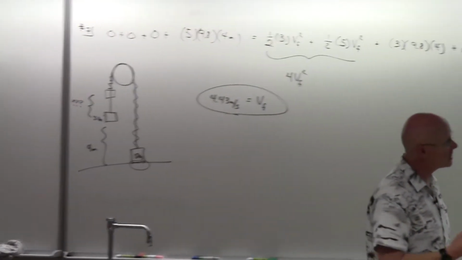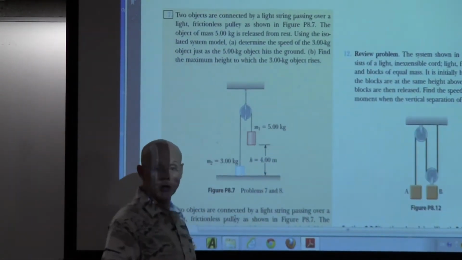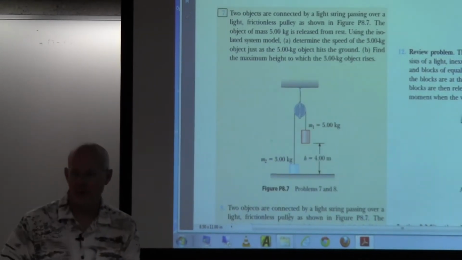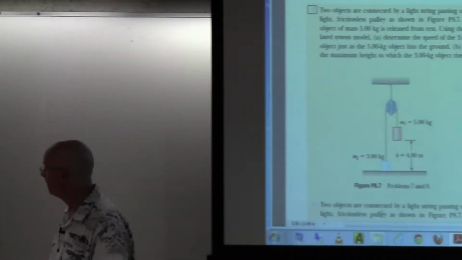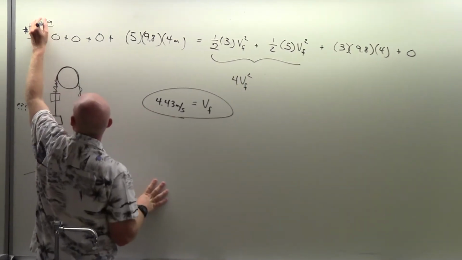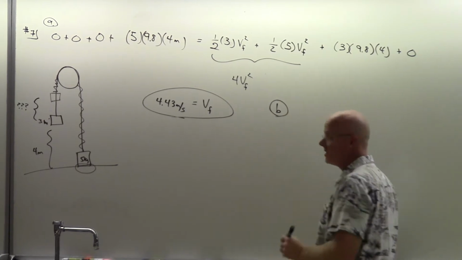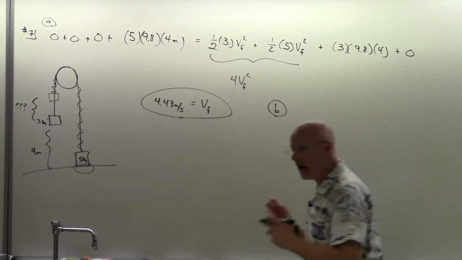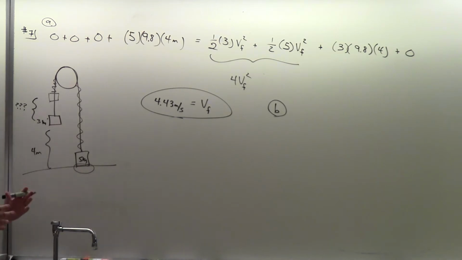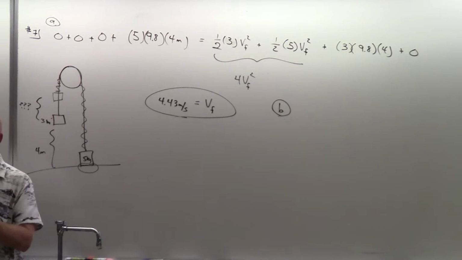Did they say how much additional height or total? Well, they say maximum, so I think they want to include the 4 plus whatever additional beyond that the 3 goes. So I would say that what we did in A was good, but I might kind of change my focus in B, where my focus will stop being looking at the total energy and just one of them, because I would argue that they're not connected together anymore.